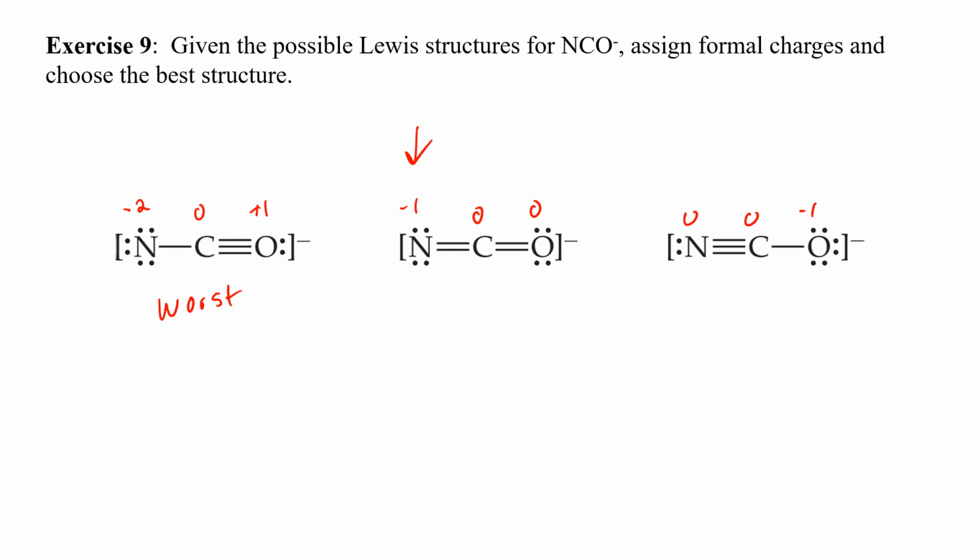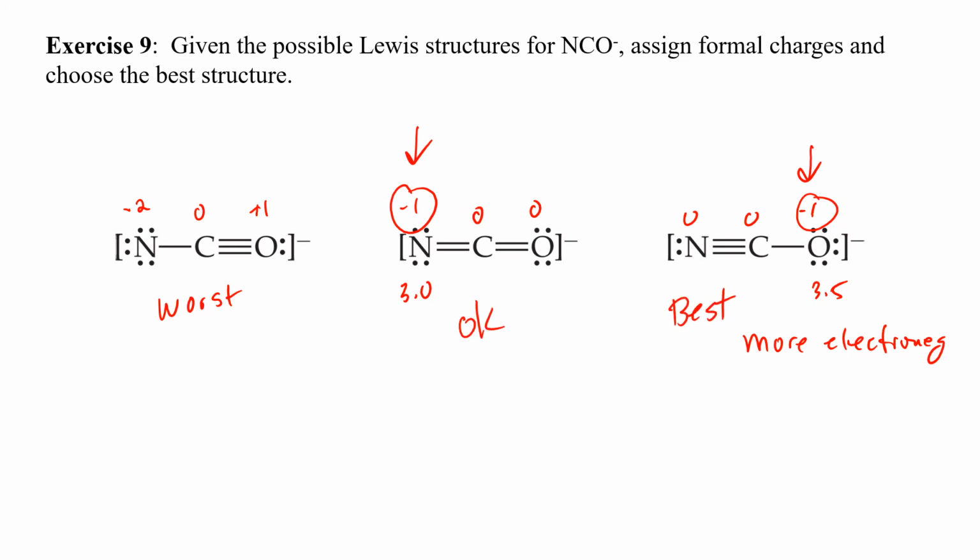Now we have a negative charge on nitrogen, we have a negative charge on oxygen. 3.0, 3.5, this is more electronegative. So when we have a choice of putting the negative formal charge on different atoms, the best Lewis structure will have the negative charge on the more electronegative atom. So this is your best. This guy's okay.